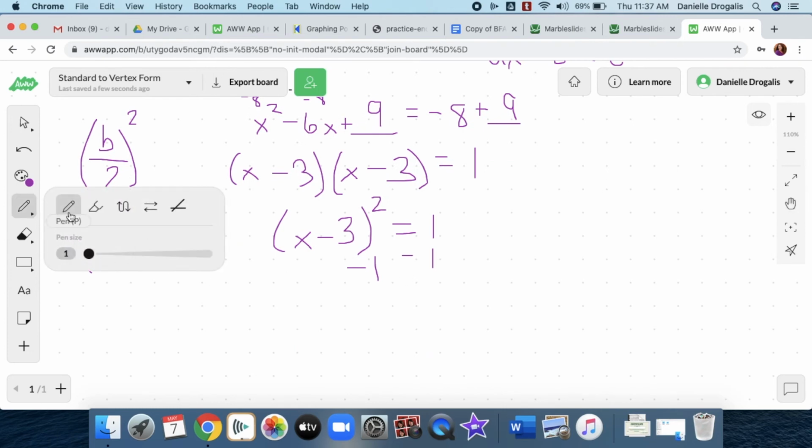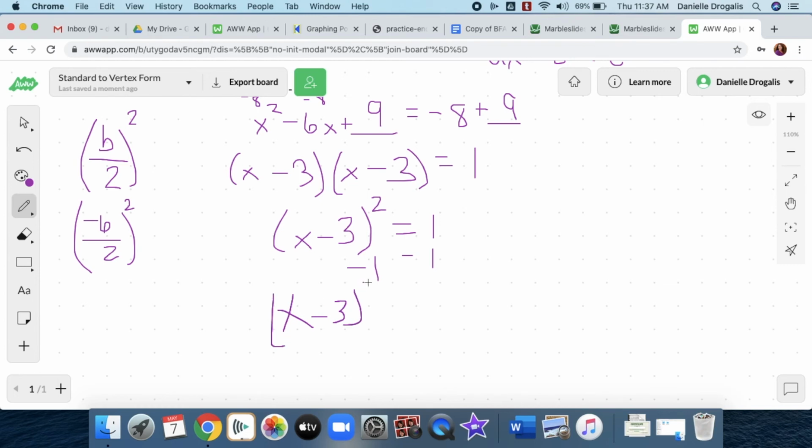And so what we have here now is x minus 3 quantity squared, subtract 1. And it does equal 0 here, but let's just put it back into our function format, our f of x notation. And so now we moved from standard form to vertex form with a process called completing the square.